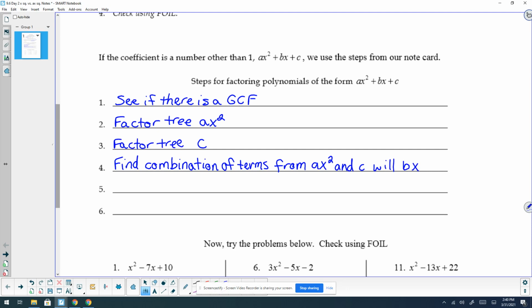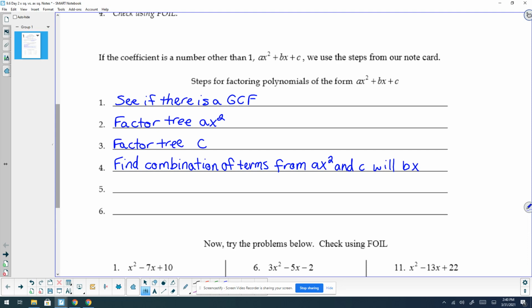So that's where we kind of go off to the side. We take a 2x from our first term and a 3 from our second term. We find out that's 6x. Then we figure out another two numbers that will multiply together, and we see if their products will add to our bx term.